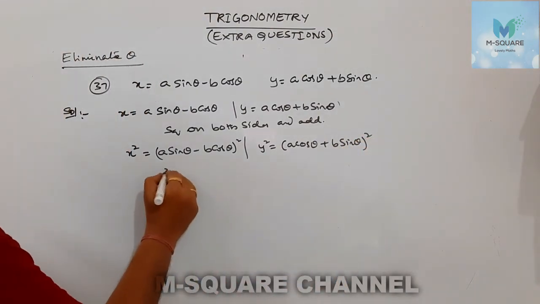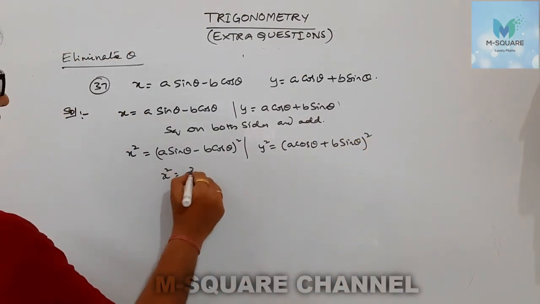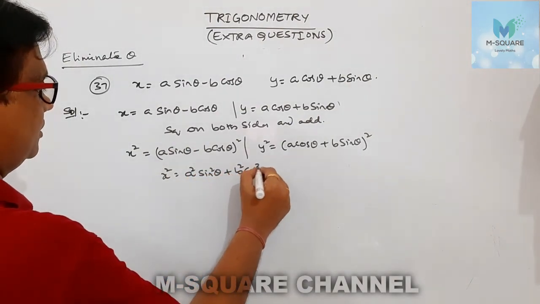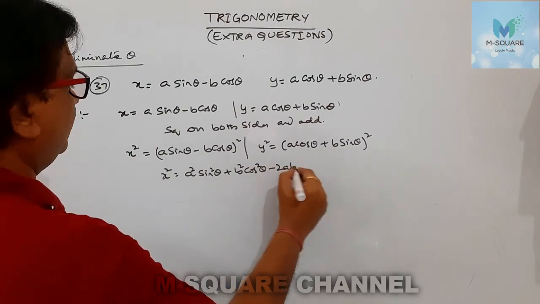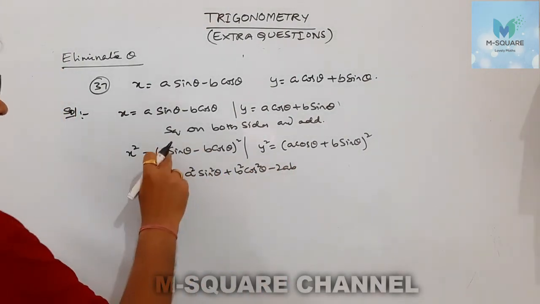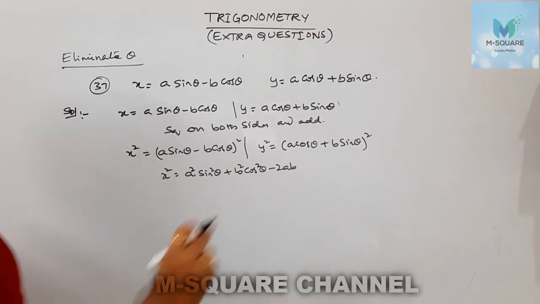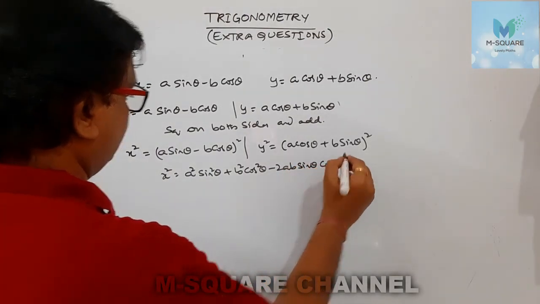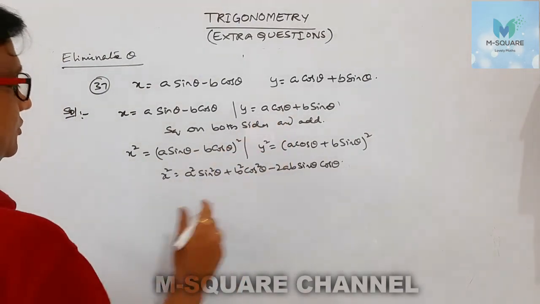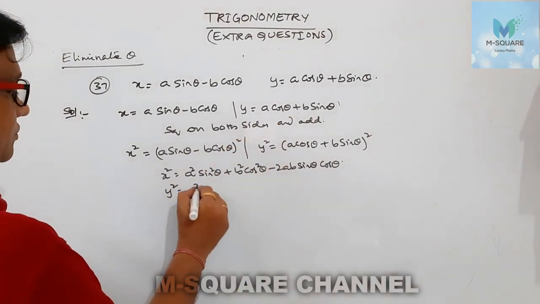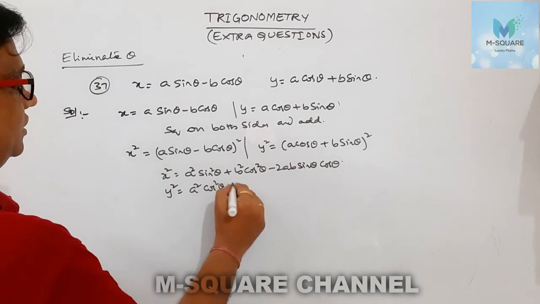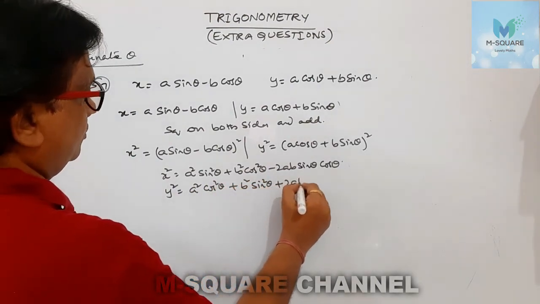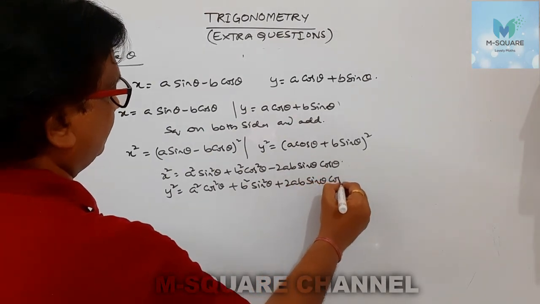I am writing here: x square equal to a square sin square theta plus b square cos square theta minus 2ab sin theta cos theta, and y square equal to a square cos square theta plus b square sin square theta plus 2ab sin theta cos theta.